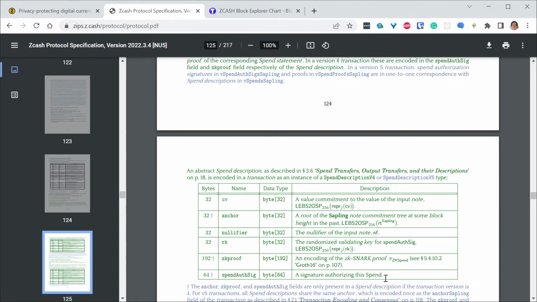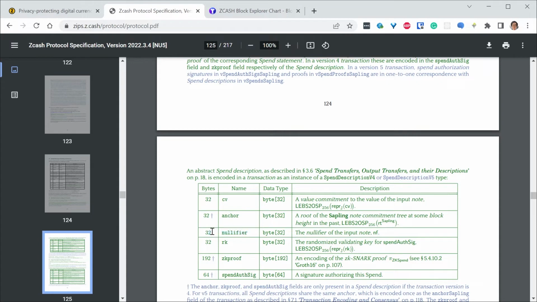The reason the wallet doesn't need that is because it assumes it's connecting to a node that has done validation already. So it assumes that all this stuff is already valid. All it cares about in that case is a nullifier, in order to detect whether that particular spend corresponds to a note that it owns.